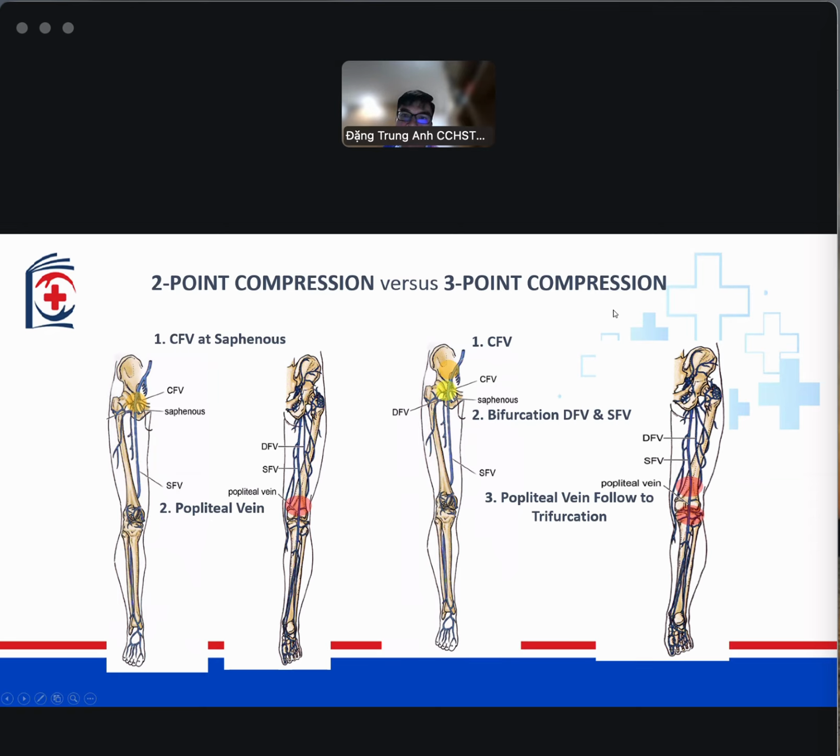The 3-point compression also has the CFV and the position at the bifurcation of the deep femoral vein and FV. SFV is the name used before, superficial femoral vein. Now we call it the femoral vein. And the last position is the popliteal vein down to the bifurcation.